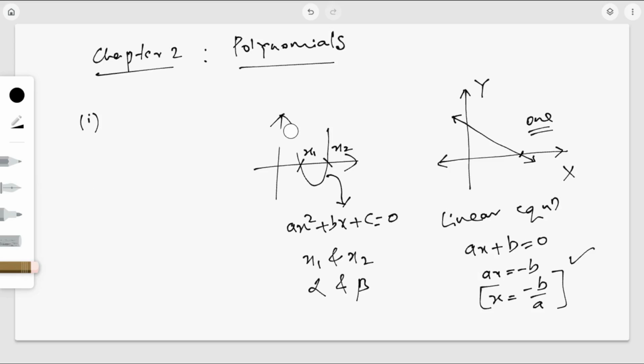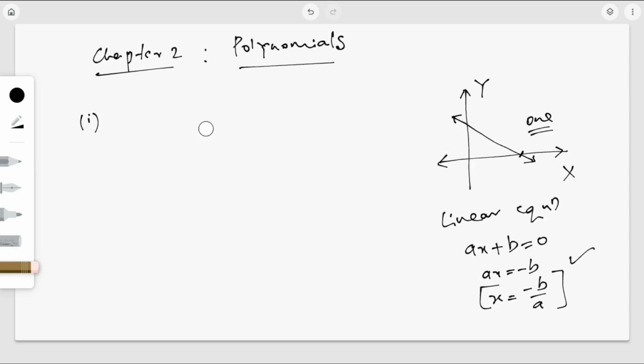Let me solve the problems from this exercise 2.1. So here in 2.1, first one, the graph of the p of x. So here this is my polynomial p of x. Here this polynomial is parallel to the x axis, right?